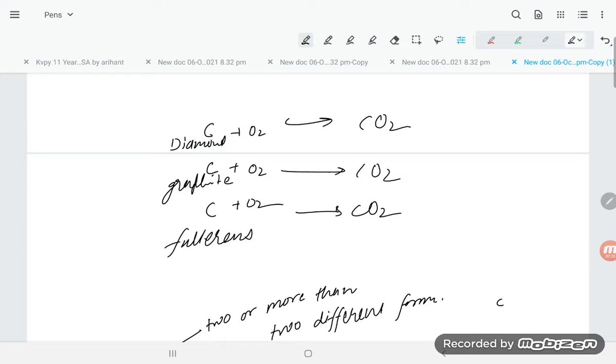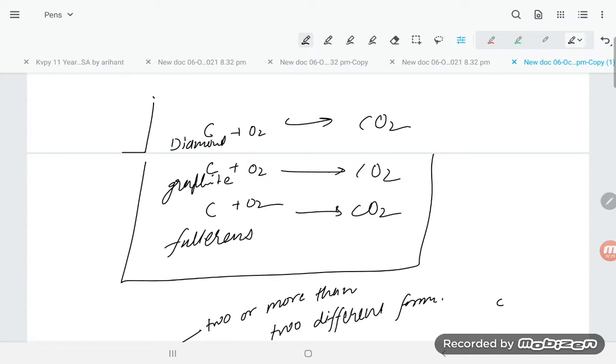That is the point. They all give carbon dioxide, so the chemical properties are the same.